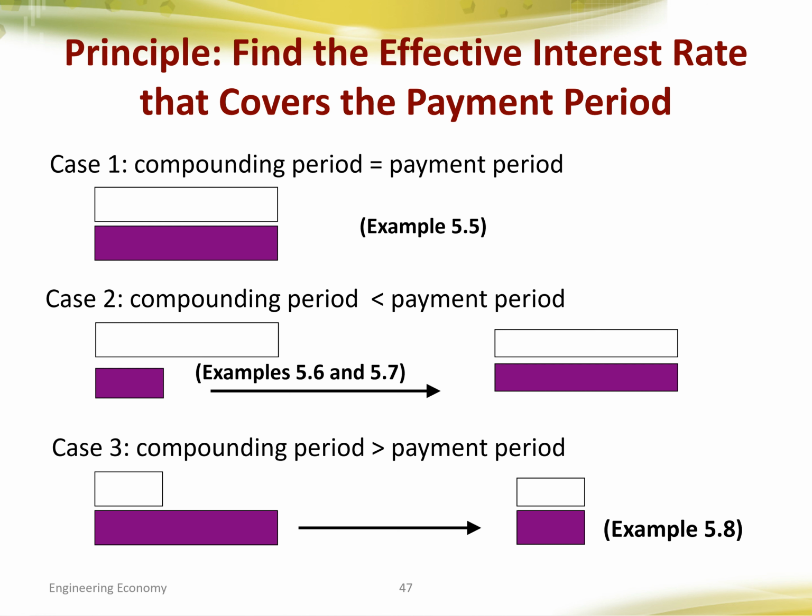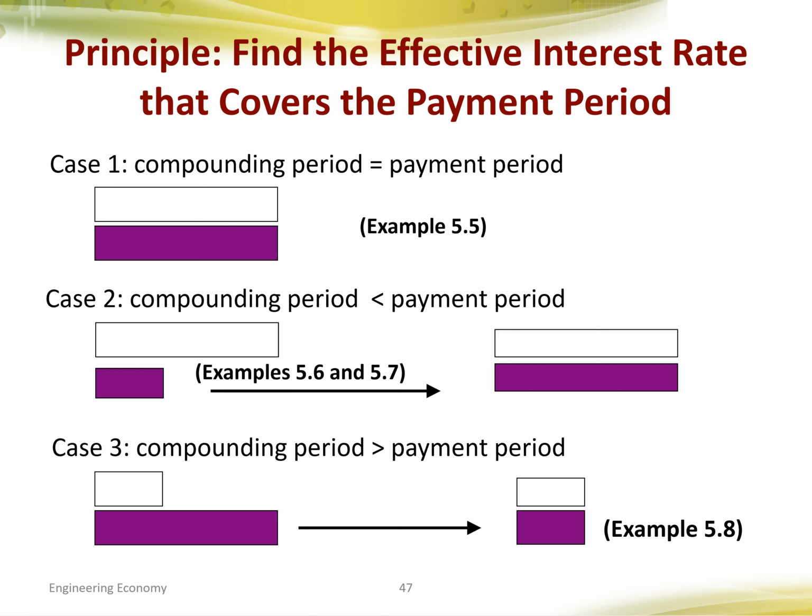Case 2 is compounding period is smaller than payment period, which we have seen. So within the payment period, there could be multiple interest periods. The third case, just the opposite of the second case, is where the compounding period is greater than the payment period.